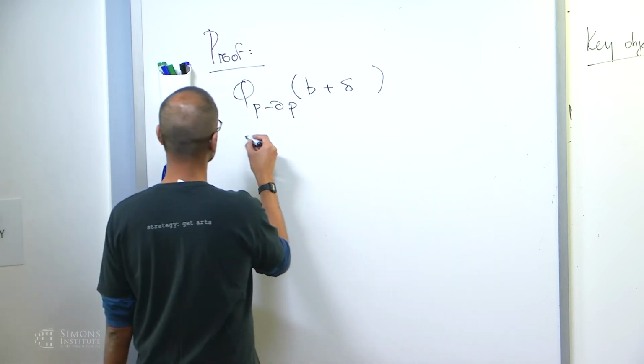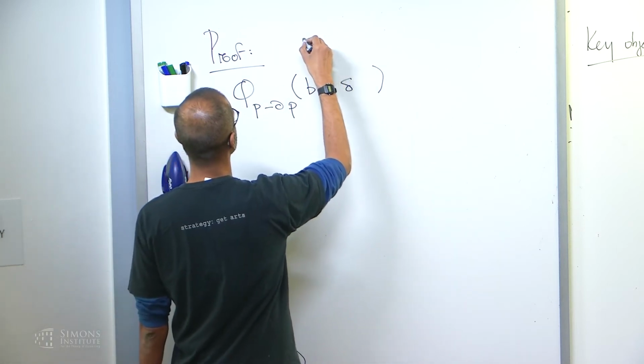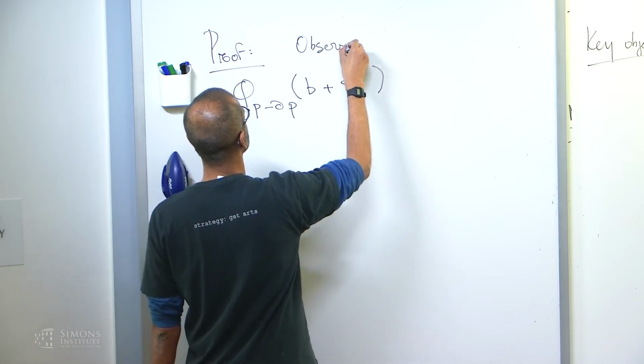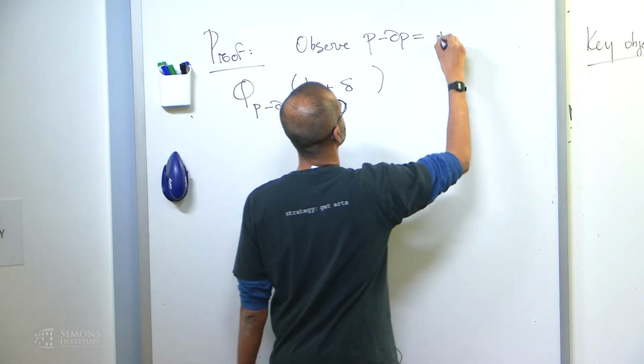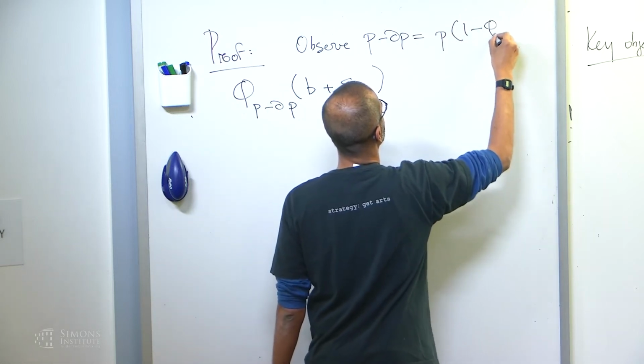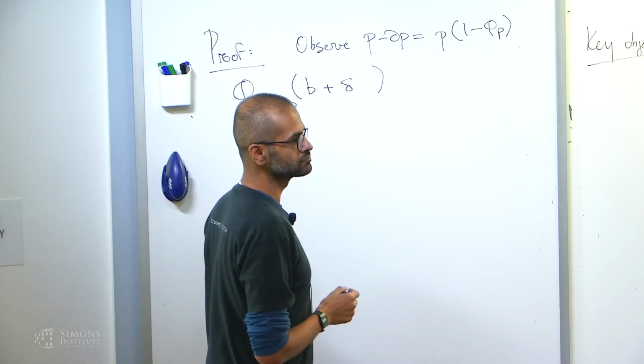Okay, so let's just write down what this is. The first thing to observe is that P minus its derivative is just P times 1 minus its barrier function. That's just from the definition.